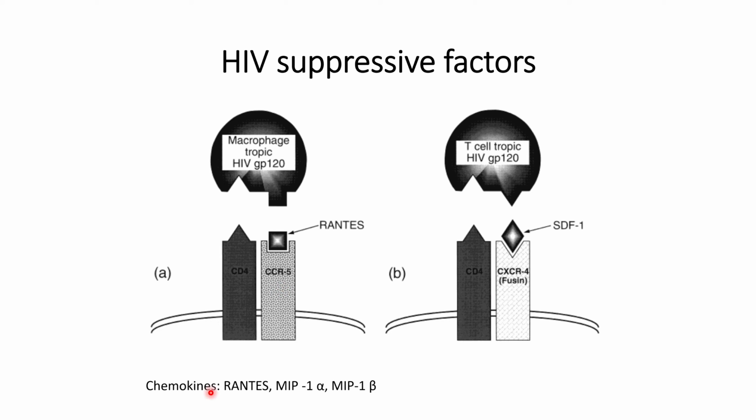Some of the chemokines are listed here: one is RANTES, another is MIP1 alpha, another is MIP1 beta.